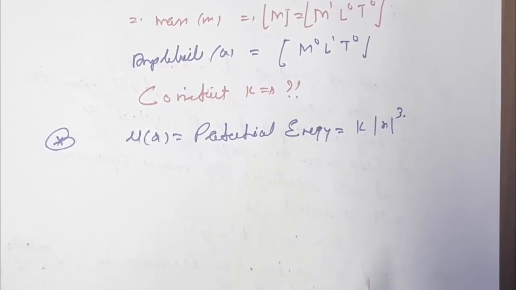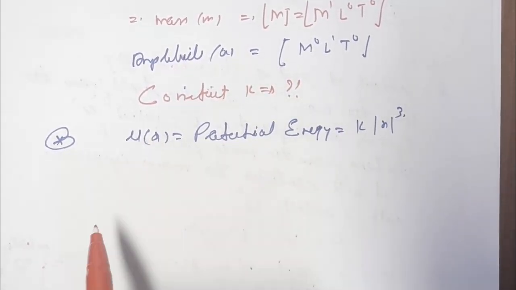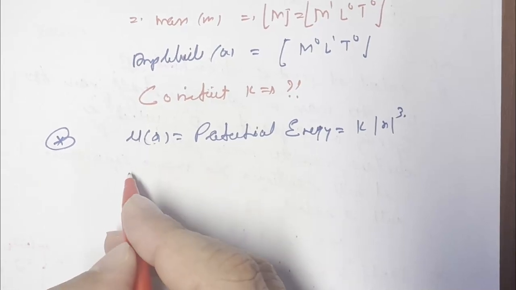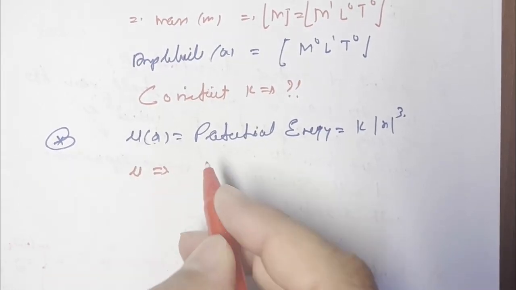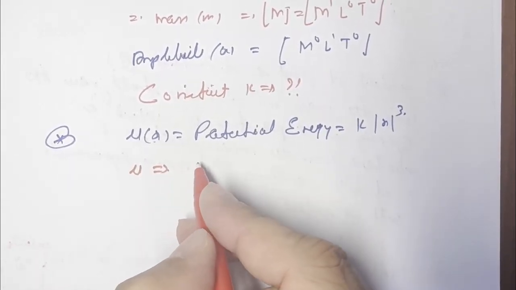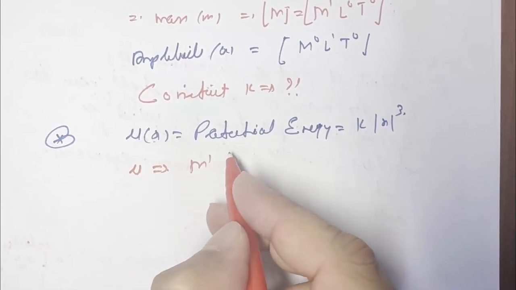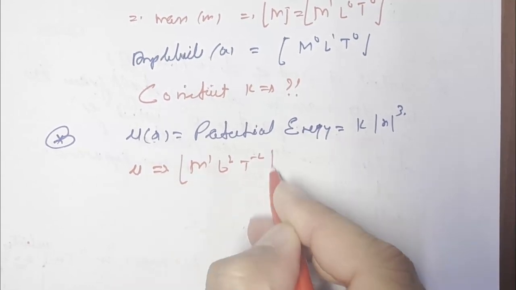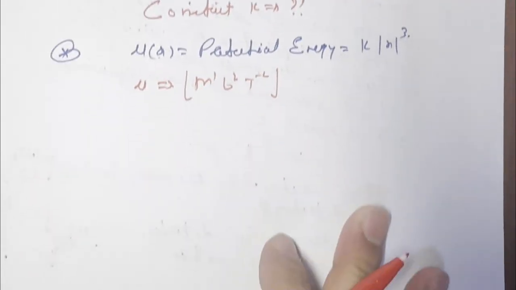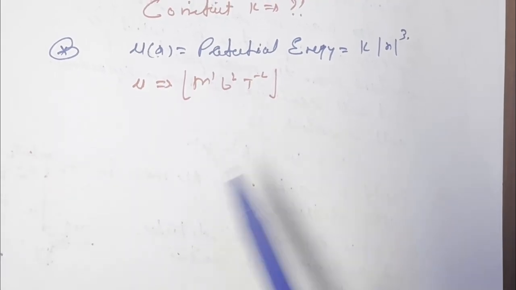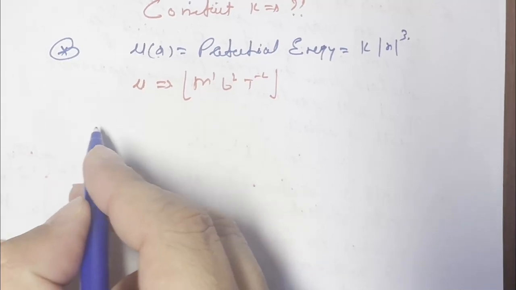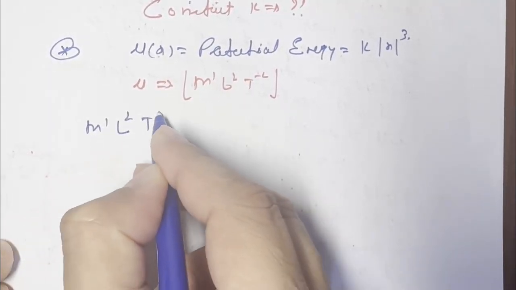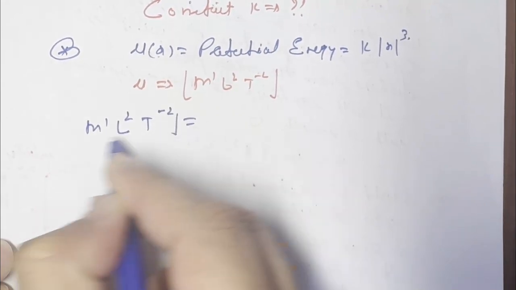We substitute the dimensions of potential energy, so our energy U is M1 L2 T minus 2.